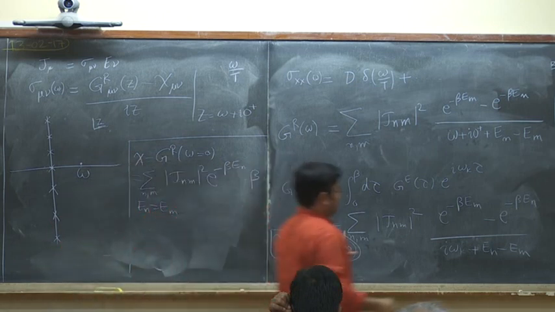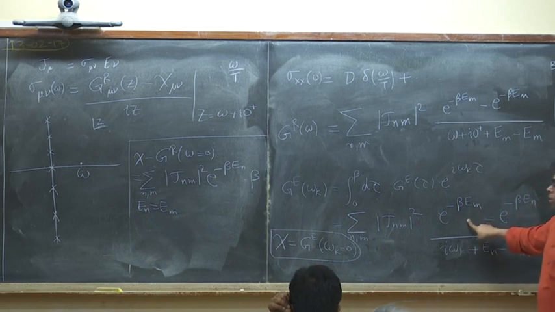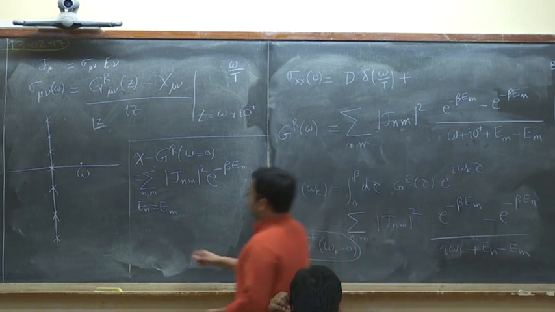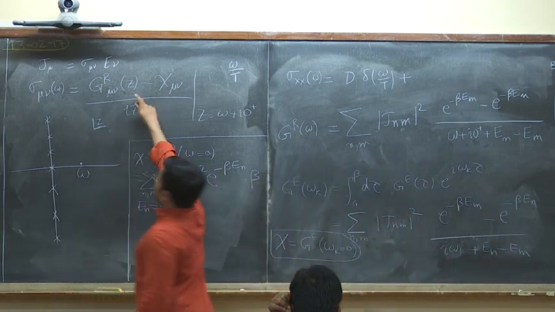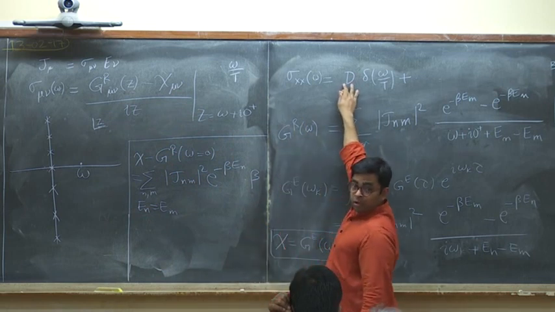Where did the times beta come from? I just Taylor expand E_m around E_n. So the denominator cancels and you get a beta. So this is a very concrete expression for this difference that appears in the numerator. And this is precisely the coefficient of the delta function.